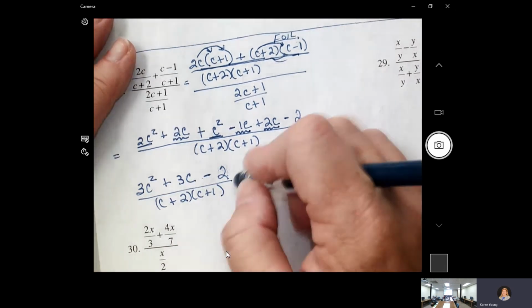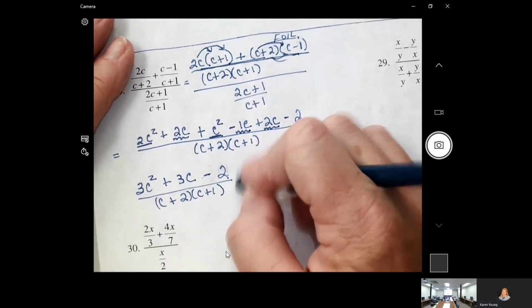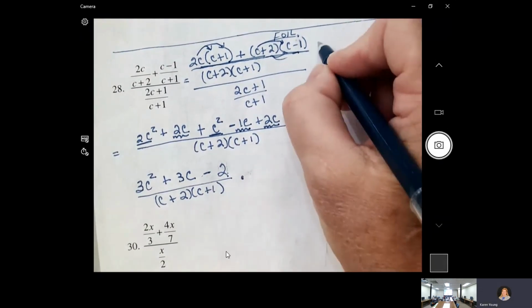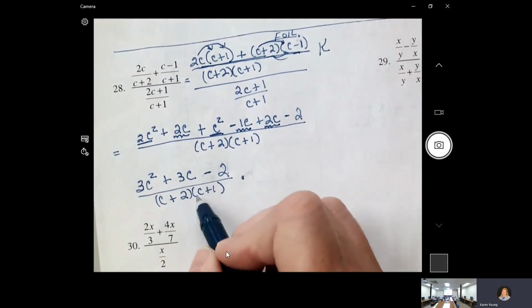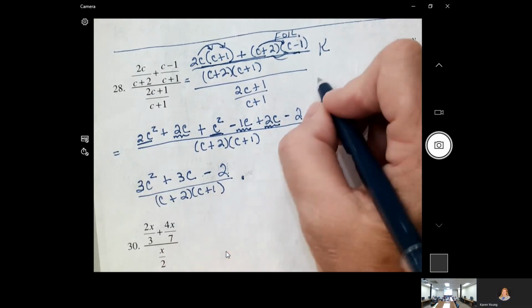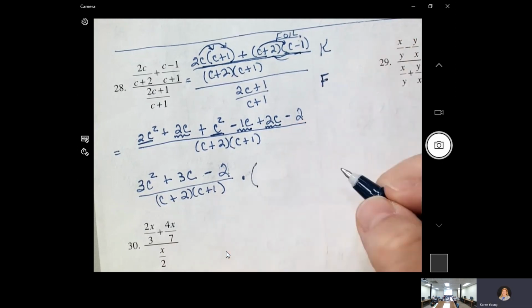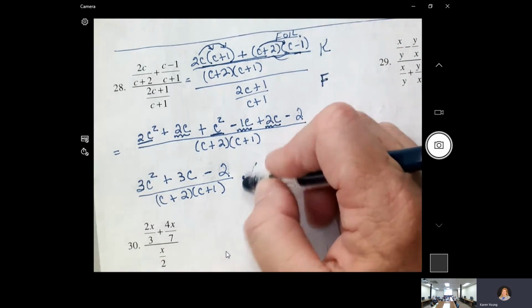Okay, so I'll probably lose somebody when I do this. But this is my first fraction that I'm keeping, right? I finally got it simplified. I'm keeping it. I'm going to flip this bottom fraction, and I'm doing it like this because I'm running out of room.